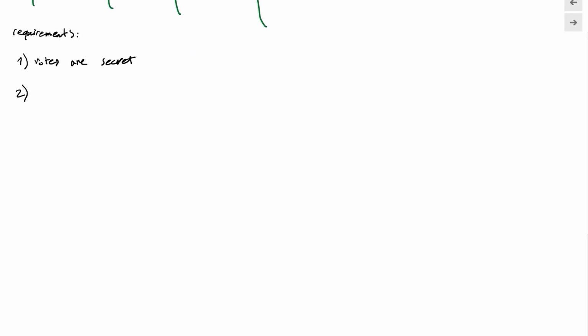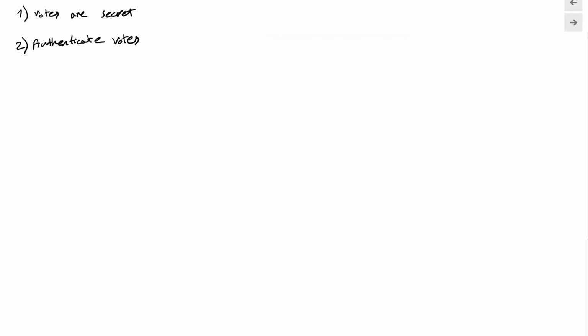Two, we need to authenticate the vote, that they are coming from the right person. Also, they are valid, they are correct. Nobody can count as 10 yes. Everybody can just vote as 1 yes or 1 no.